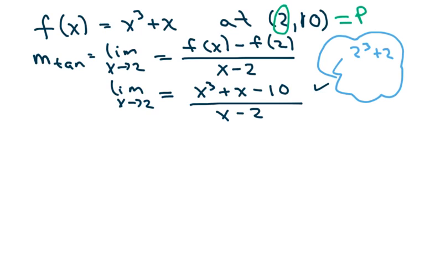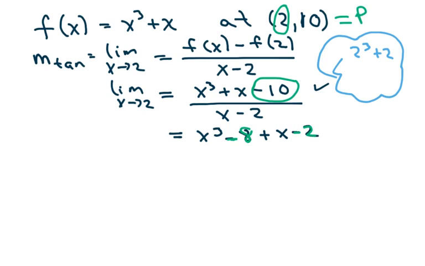So what we're going to do is rewrite 10, and we're going to use the difference of the cubes formula to help solve this. So I'm going to write this as x cubed minus 8 plus x minus 2. Now all I did was break down the 10 with negative 8 and negative 2.